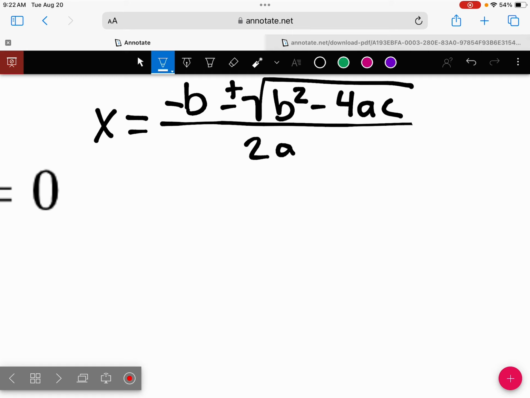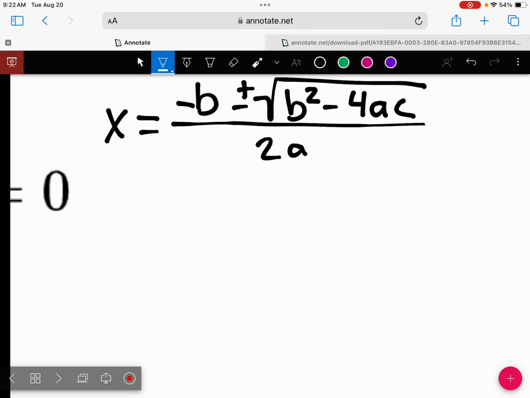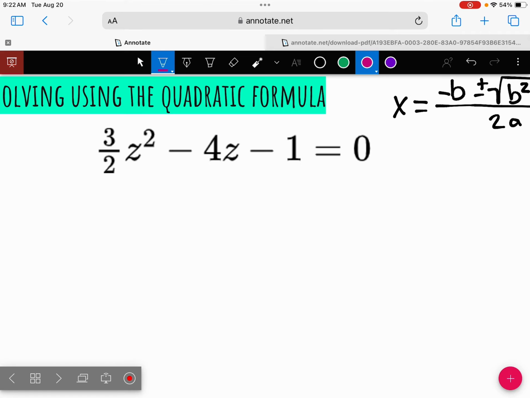As long as I do the same things to both sides of my equation, I can do whatever I want. I'm going to multiply both sides by that denominator. Everything. I need to multiply everything by that denominator.